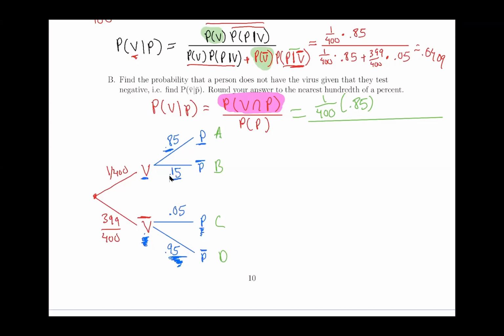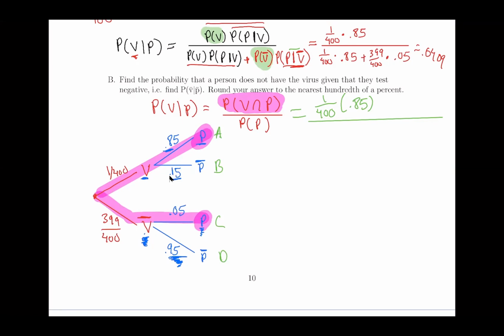And if you look at branch A gave us a positive test result because this is positive. If you look at branch C, well, that one also gave us a positive test result, which is this one. So for a positive test result, there's actually two ways to get a positive test result. Because you could get a positive test result when you have the virus, but you can also get a positive test result when you don't have the virus. So that's why we're gonna use both of these branches.